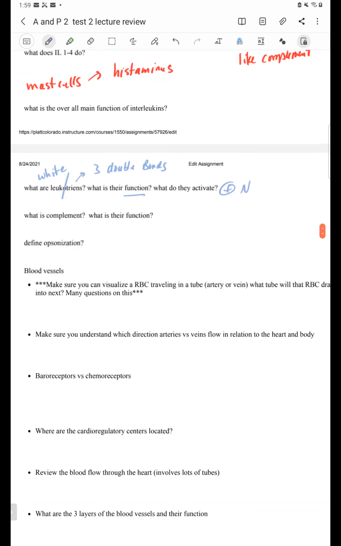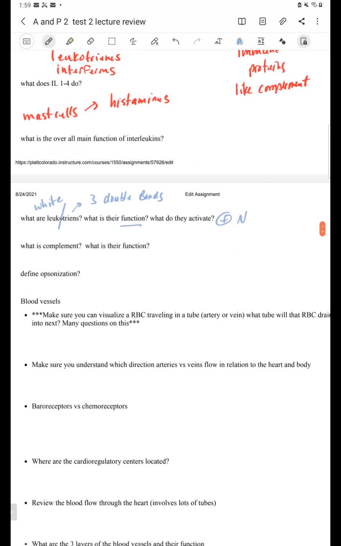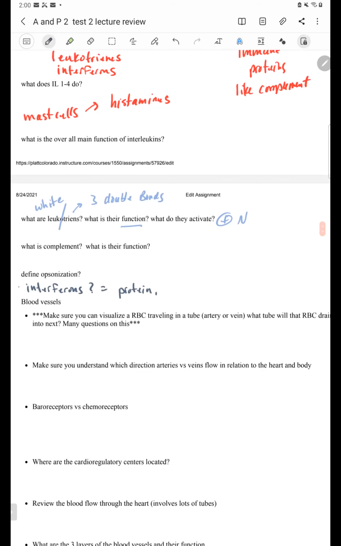I don't see interferons in here, so let's add interferons. Well, first of all, it's a protein released by lymphocytes.